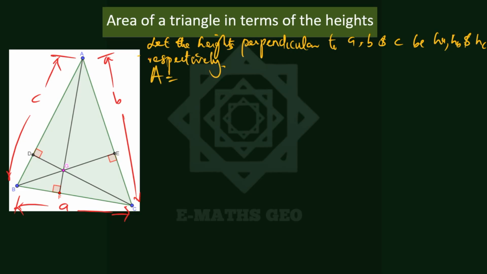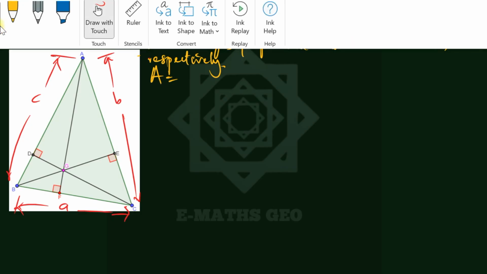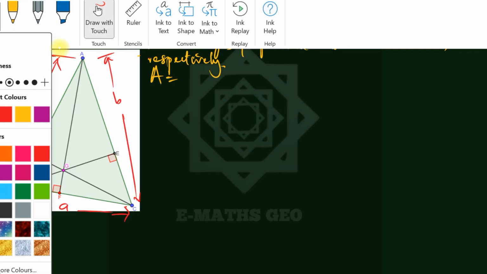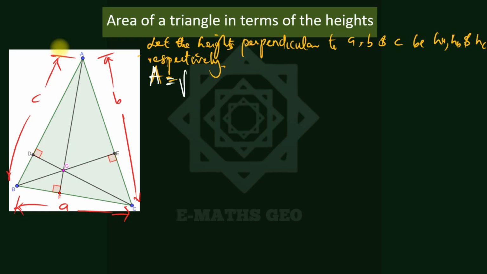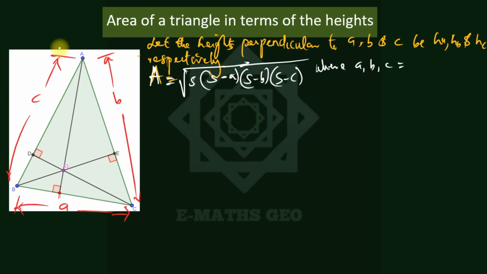We know that the area of any triangle, that's what we call Heron's formula, is always the square root of the semi-perimeter times the differences of the semi-perimeter and each of the sides, where A, B, C are the sides and S is the semi-perimeter, that's the perimeter over 2.